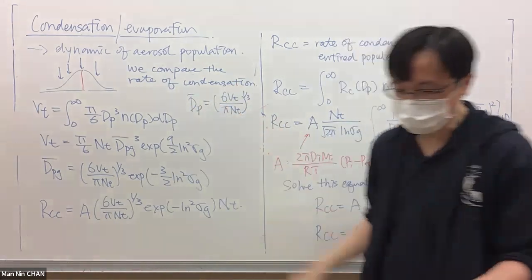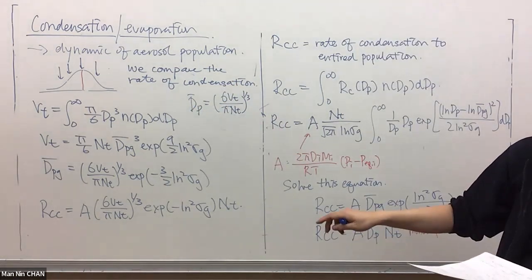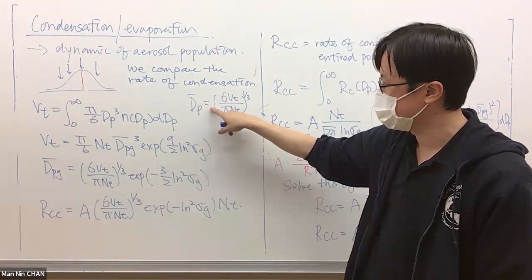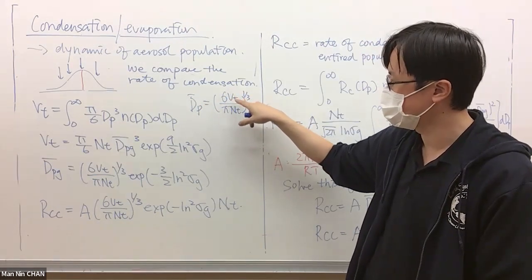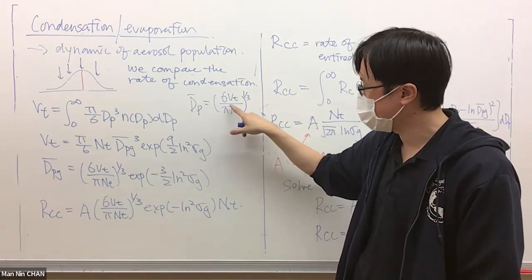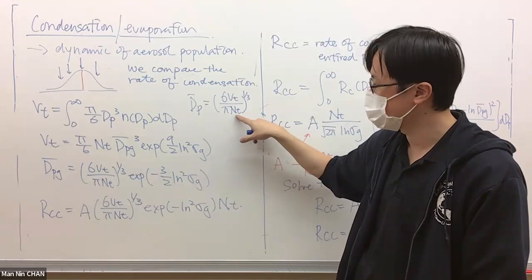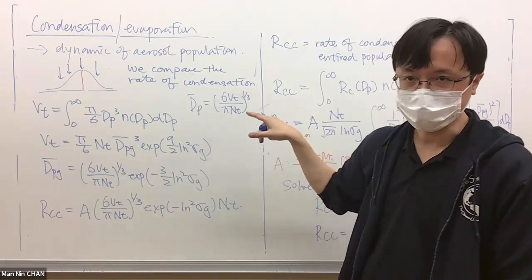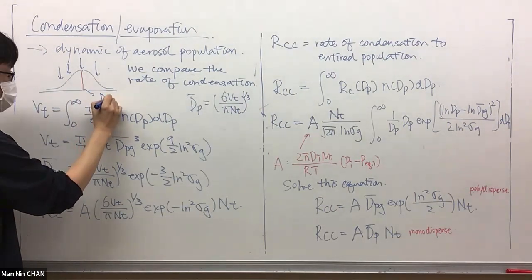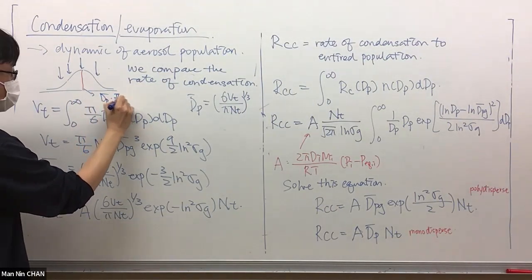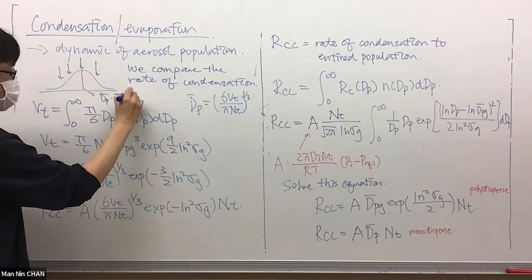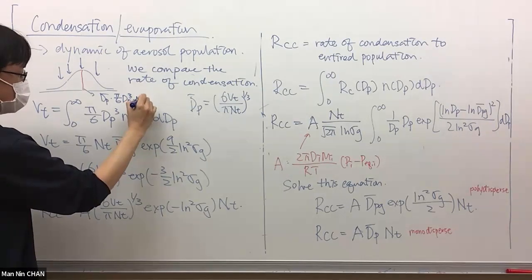So if you rearrange this, you will also get the mean diameter for a monodispersed population, which will be equal to 6 times VT, your total aerosol volume, divided by pi times your total aerosol number concentration, and then you take the cube root. Because you remember, this is just your dp, and then you take the cube and multiply by the NT.